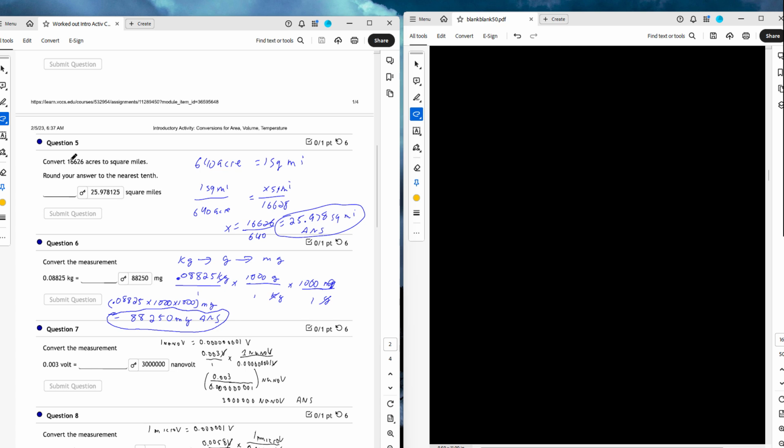Convert 16,626 acres into square miles. Okay, so what you can do here is just set up a proportion. 1 square mile is equal to 640 acres, is equal to so many.